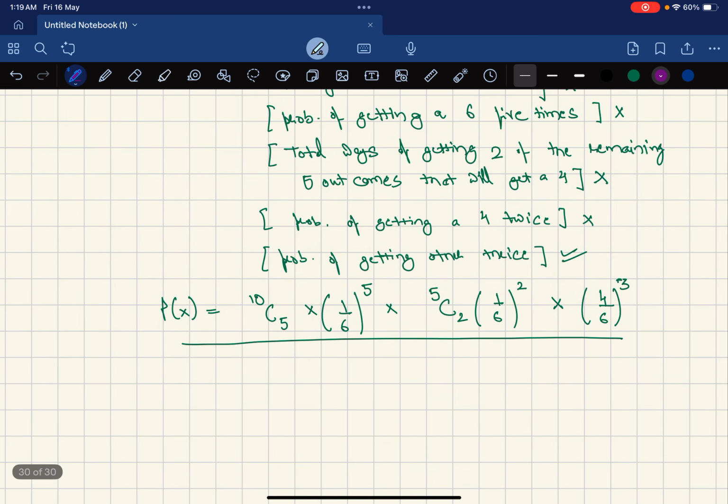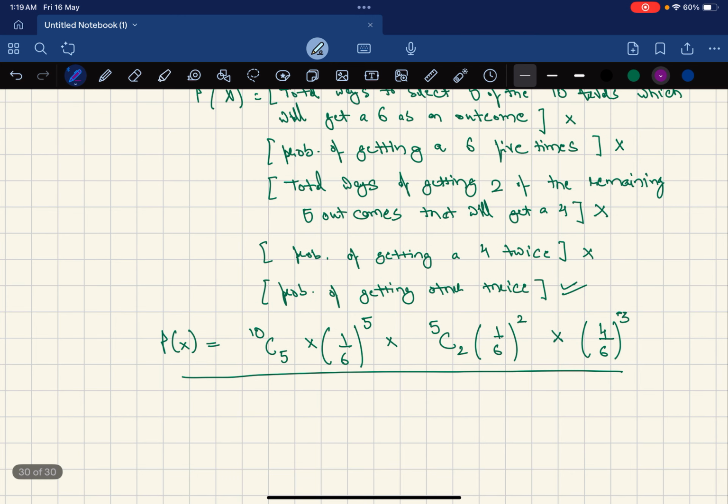And in multinomial, we have used exactly the same principle to come up with the probability mass function, but instead of having 2 outcomes, we can have multiple outcomes here, and therefore we'll have to make these multiple selections using 10C5 and 5C2. So 10C5 is the number of ways to select 5 out of those 10 trials where we'll get a 6, and then out of the remaining 5 trials we are selecting 2 trials where we'll get a 4, and out of the remaining 3 trials we are selecting all those 3 trials where we'll get others.